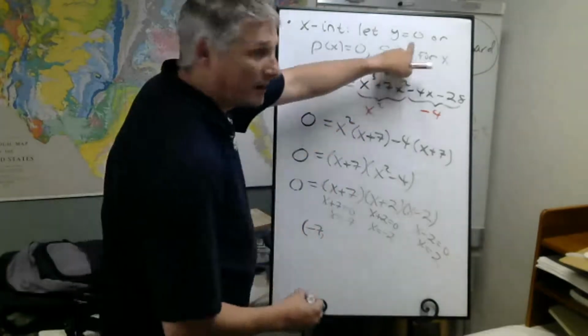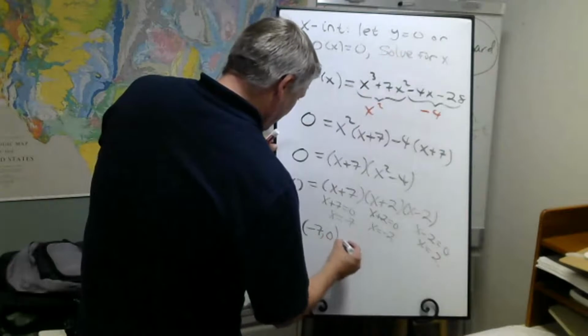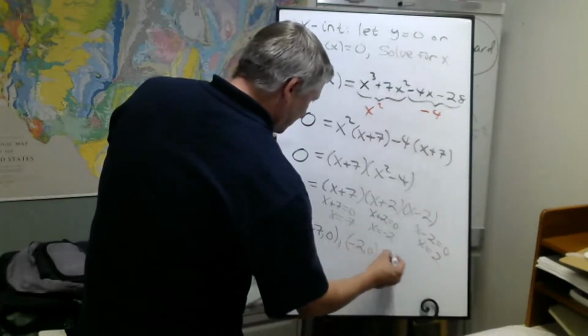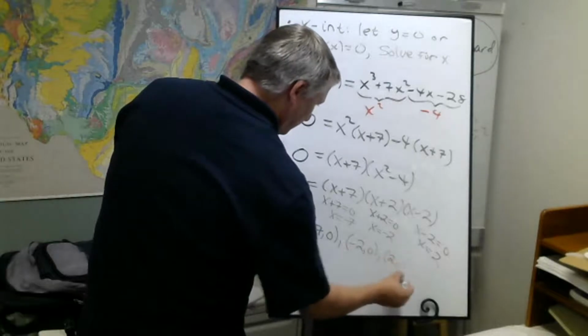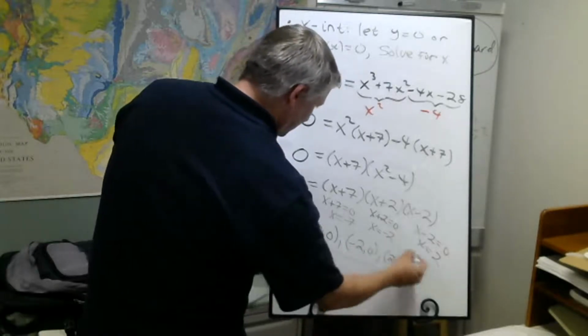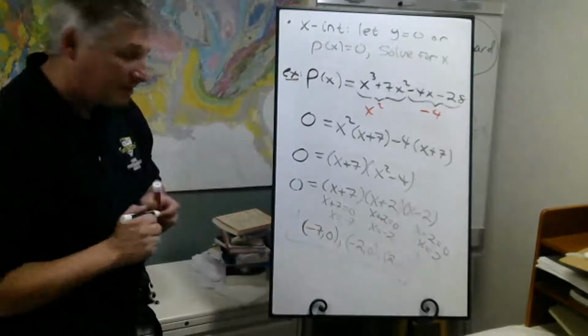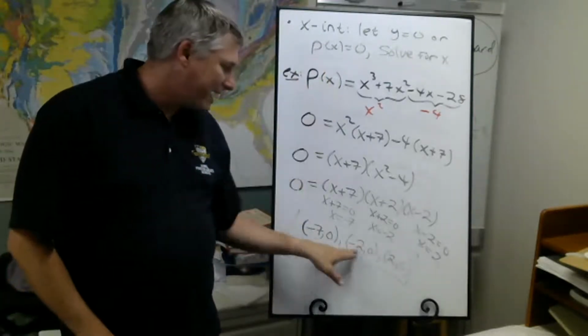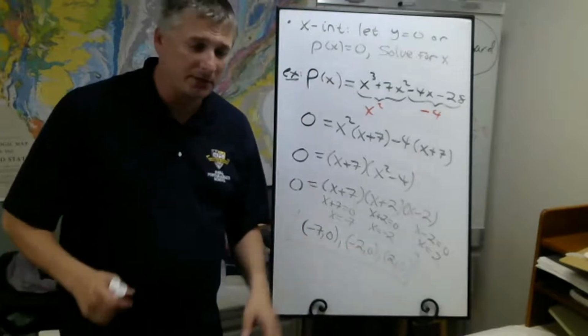-7, remember y is 0. -2 and 0, and 2 and 0. This means this polynomial contacts the x-axis at 3 different points.